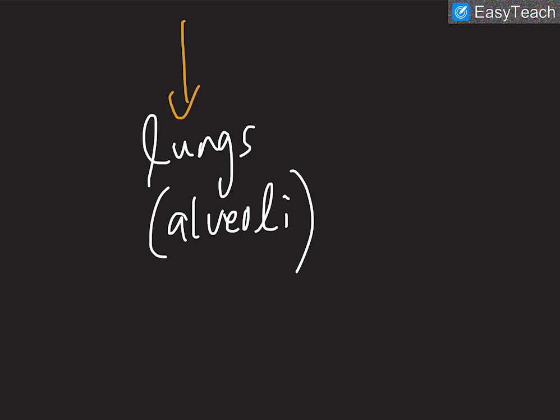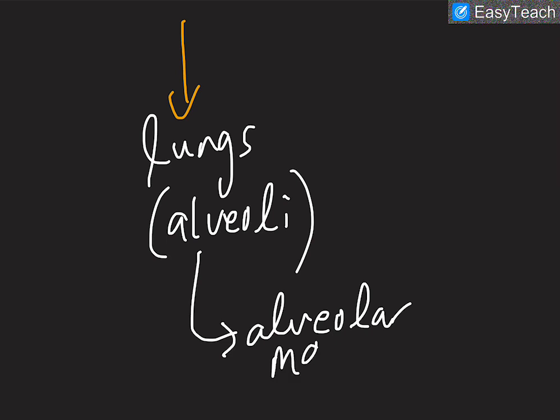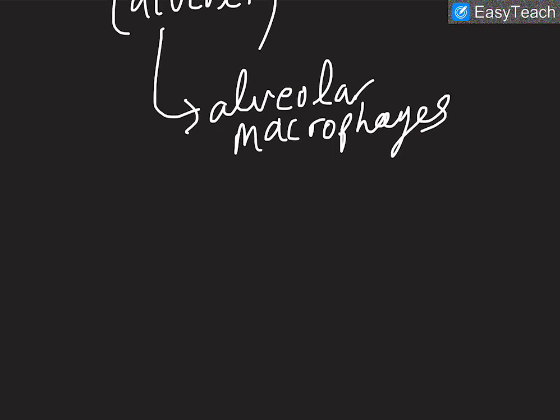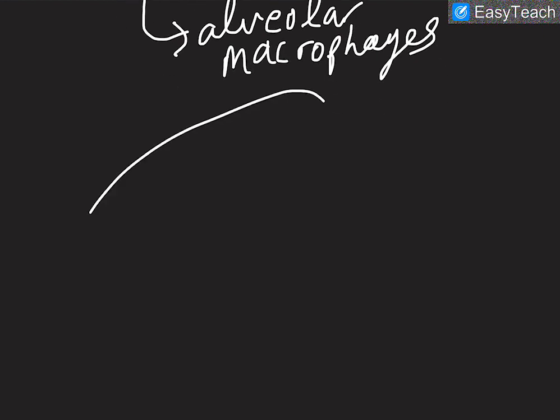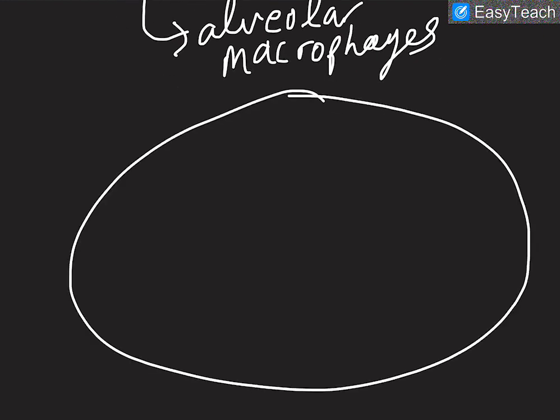And we know that in our alveoli, we have alveolar macrophages. So let's say this is our alveoli right here, and in here we have alveolar macrophages, which we'll draw in blue.